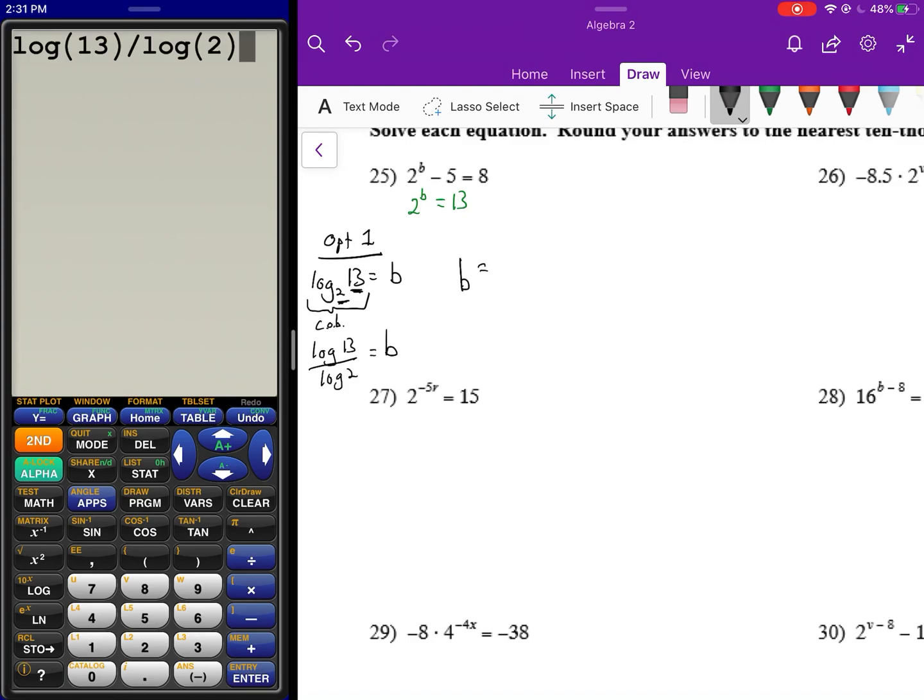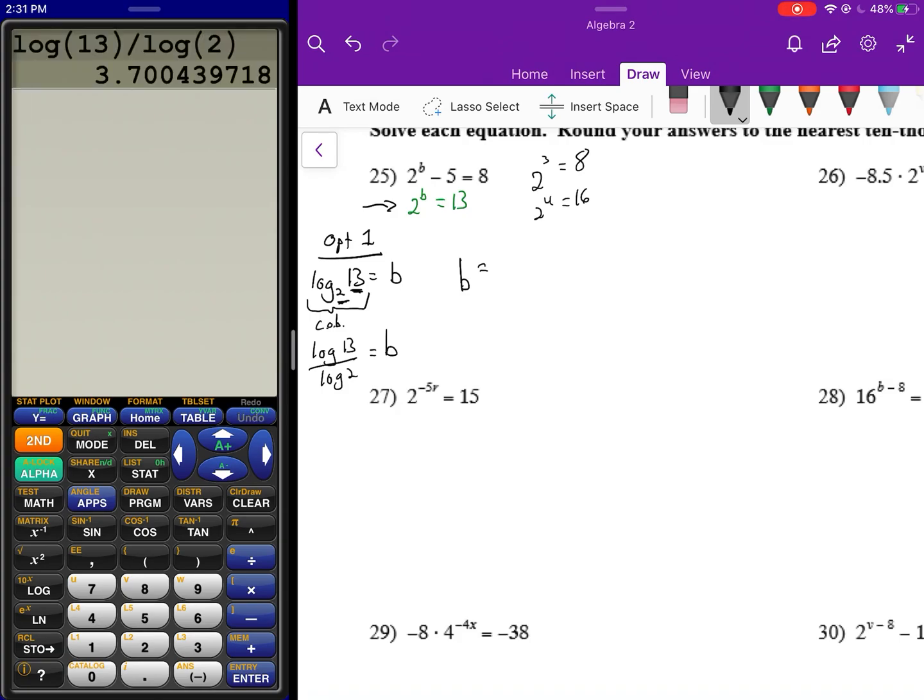Now, before I hit enter, I want you to think through something. I should have mentioned this before, but all the way up here, this is 2 to some power equals 13. We should be able to give a good estimate of what that would be, because we know that 2 cubed is equal to 8, and 2 to the 4th is 16. So somewhere between 3 and 4 is going to give us this answer.